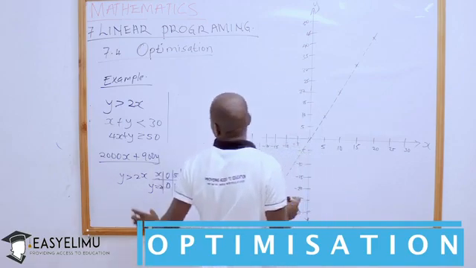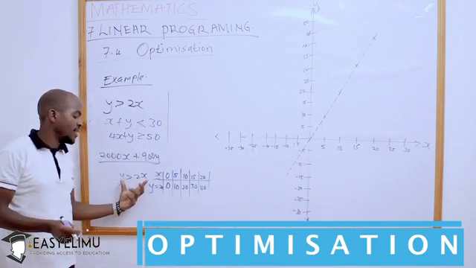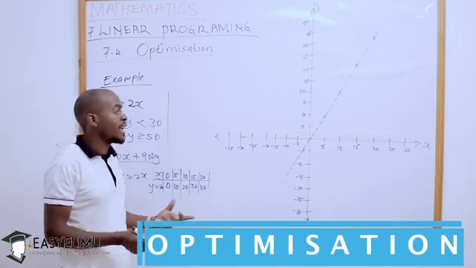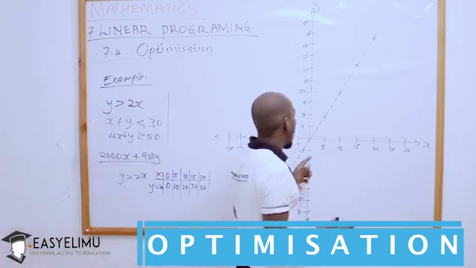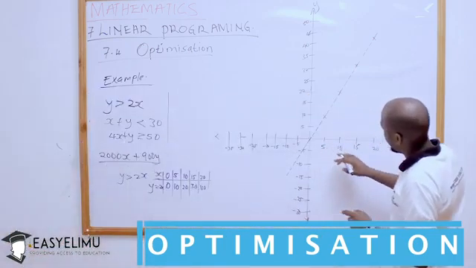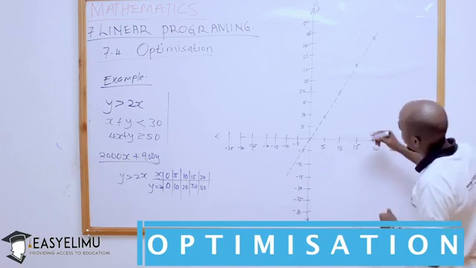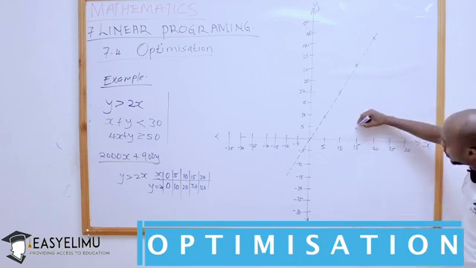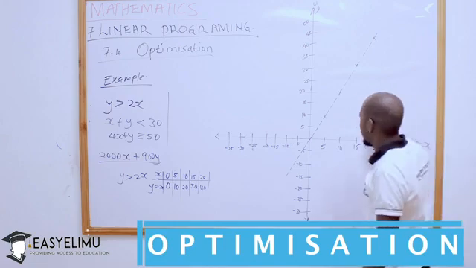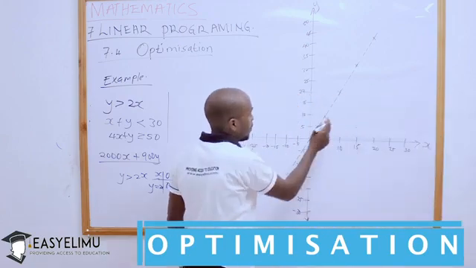To identify which side is y greater than 2x, you select any point. For example, I may select a point on this side, here, and say this one is (15, 5).